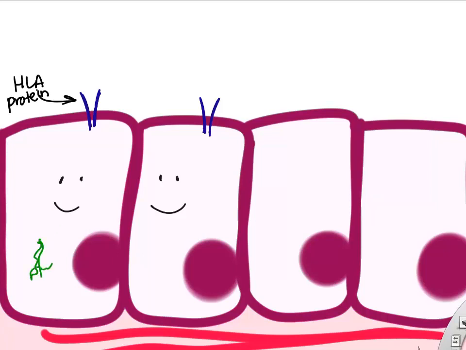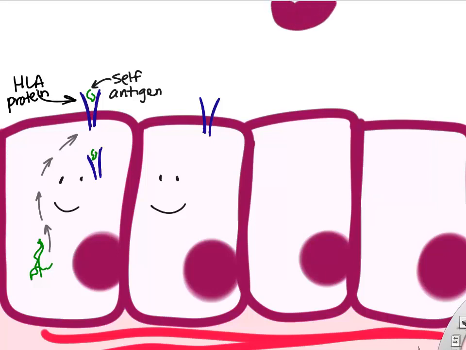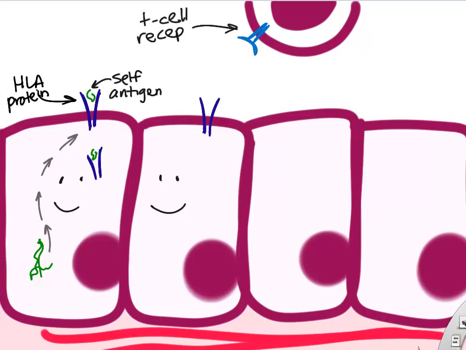So what do these HLA markers do? The human leukocyte antigens actually help take pieces of proteins and antigens from inside your cells and present them on the surface of your body cells. In this case, you have your HLA protein with a little tiny piece of protein from inside your cell called a self-antigen, and that HLA and antigen combination then basically marks you as yourself.